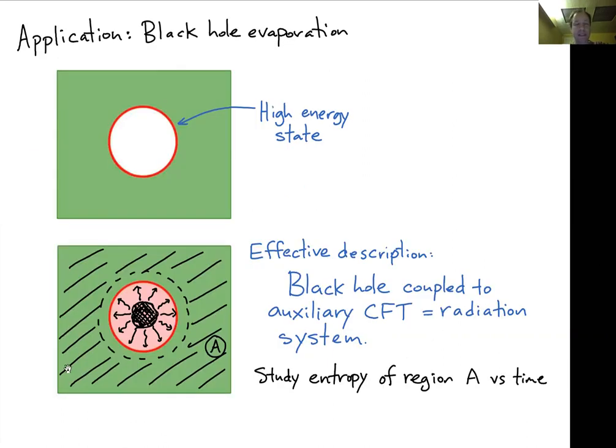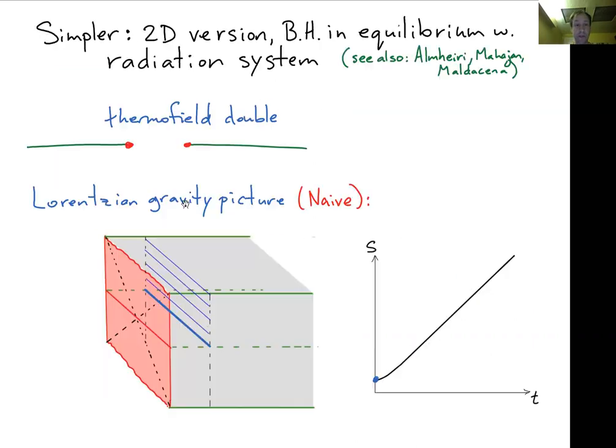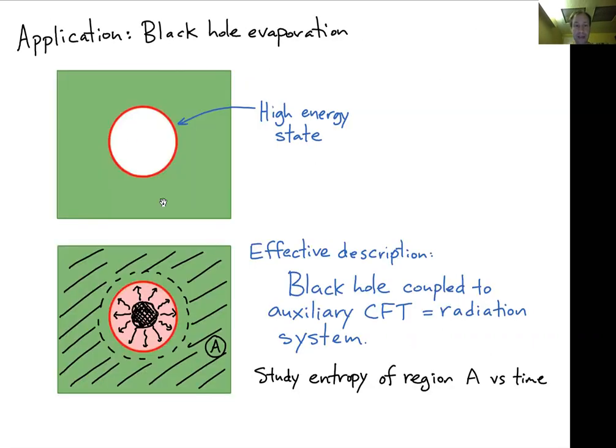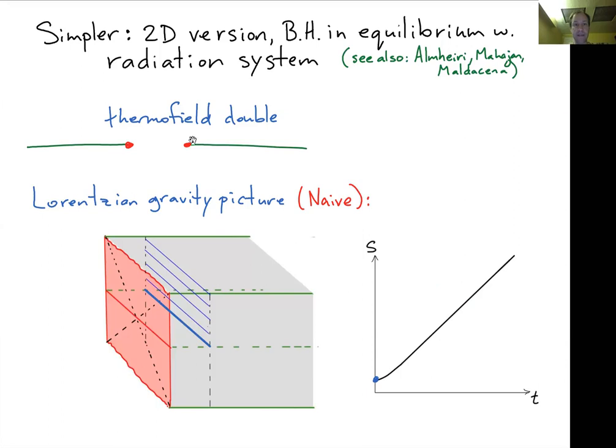Okay. Let me just set this up. So we could try to do that calculation exactly in the holographic setup. What we were able to do in most detail was the 1+1 dimensional version of this, where the red circle is just a 0-dimensional sphere, so 2 points, and then the green is a line.